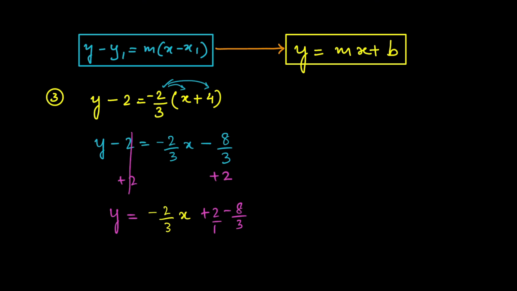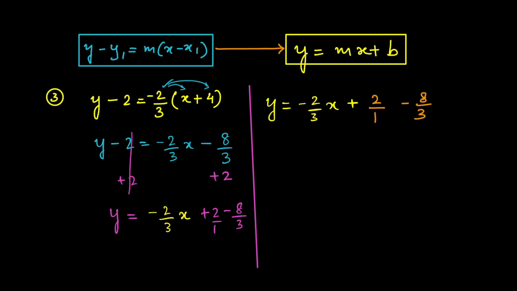So we are now having y equals, on the right side, minus 2/3 x, and when we add and subtract these numbers, it is plus 2 and minus 8/3. So we make the denominator the same for this, and now we write it as y equals minus 2/3 x plus 2/1 minus 8/3. To make the denominator the same, we multiply by 3, and we have y equals minus 2/3 x plus 6/3 minus 8/3, which we can write as y equals minus 2/3 x.